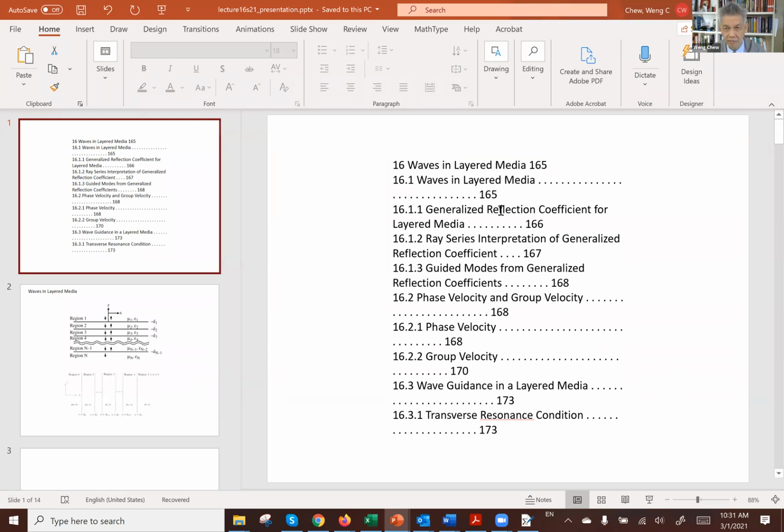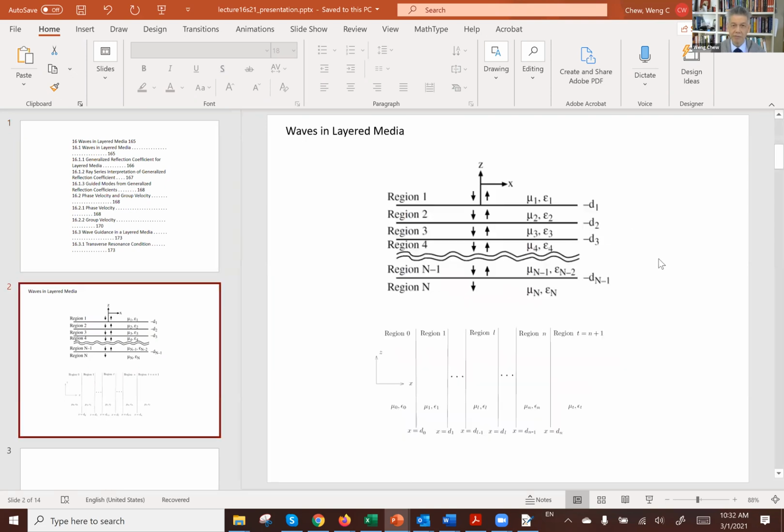We have heard of the term generalized reflection coefficient in transmission line theory, so we would exploit knowledge from transmission line theory to understand it. And then we do a number of physical interpretation things. The next topic that we'd like to study is phase and group velocity, wave guidance in layered medium, and so on. So let's get started.